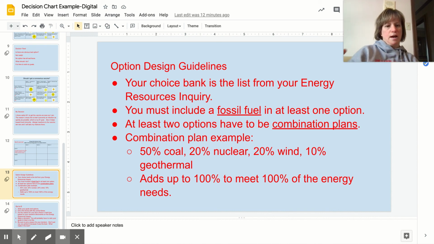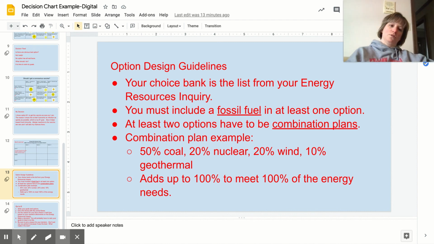Now, let's check this out. What if you did a plan that was 100% coal? Could you do that? The answer is yes. You would have checked this off and you've included a fossil fuel in at least one option that you're considering. And you would still, though, have to consider the combination plans.